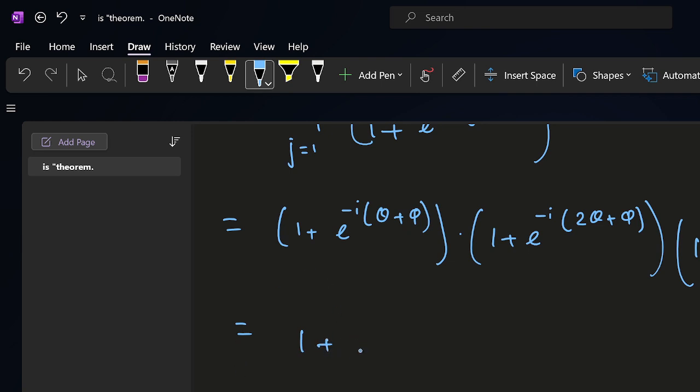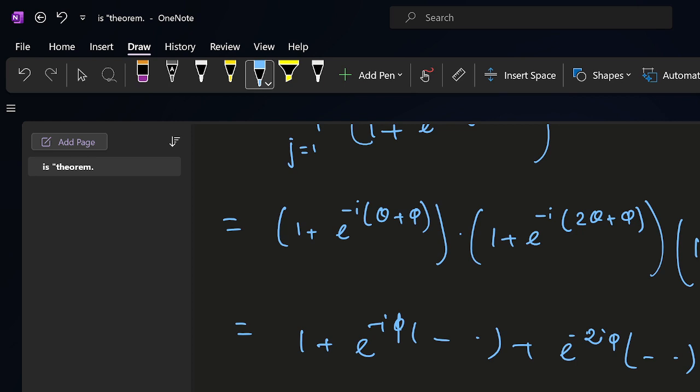So 1 plus, you will get some coefficient times e to the power of minus i theta, and in terms of phi also you will get some coefficient multiplied by e to the power of minus phi, then minus 2i phi with some coefficient, and these kinds of things.